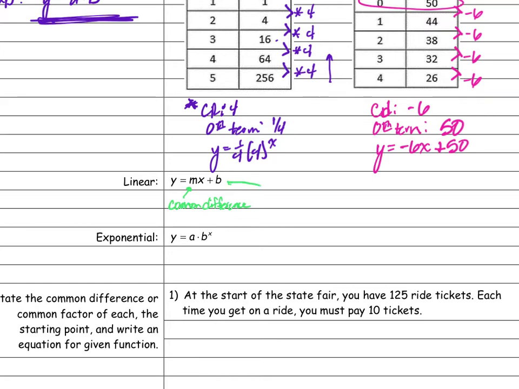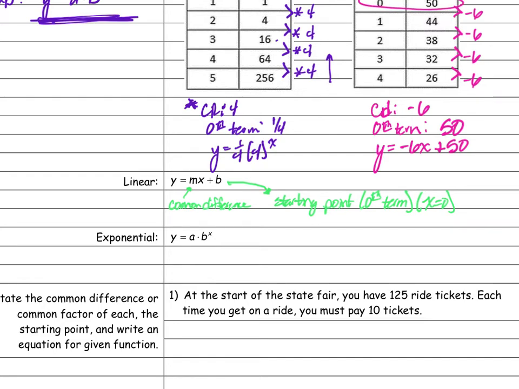And B, we'll come down here. B is my starting point, or 0th term. Also, I'm going to put another parenthesis, where x equals 0. That's another way to think about it. So a couple different ways to think about my starting point: a 0th term or when x equals 0.